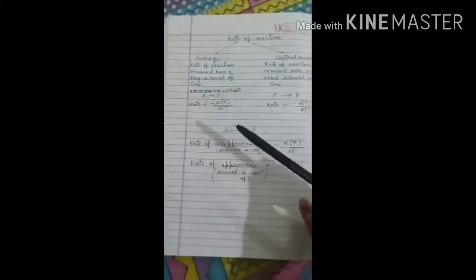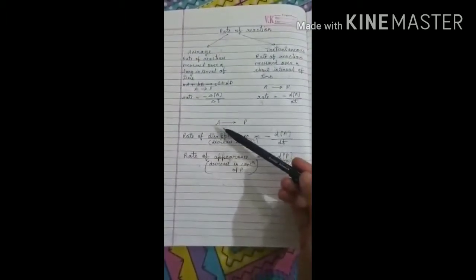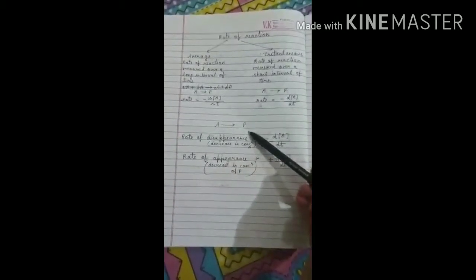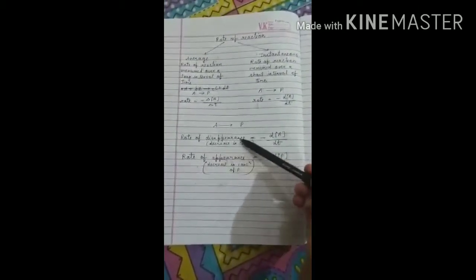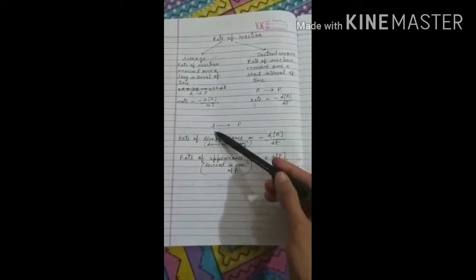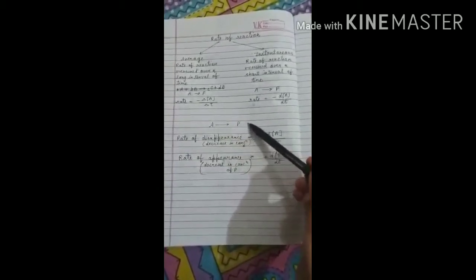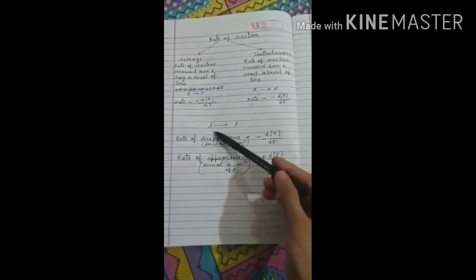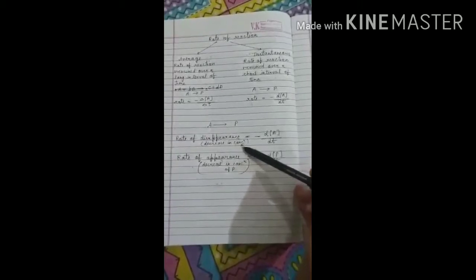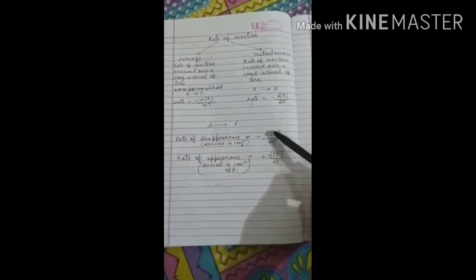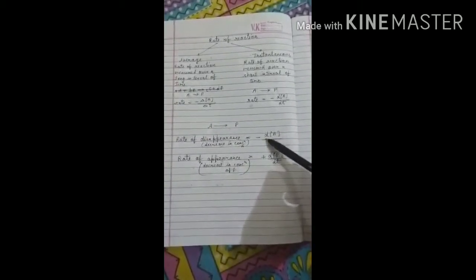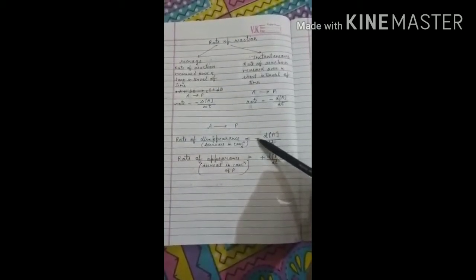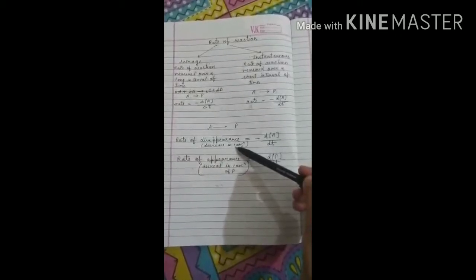Okay, so now I am telling you rate of appearance and disappearance. Let us once again consider A is a reactant, P product is forming. Rate of disappearance means the concentration that disappears as the product starts to increase in formation. So A starts to decrease, so decrease in concentration of A I have written, in terms of instantaneous rate of reaction, negative dA upon dt, mentioned with the negative sign because of decrease in concentration.